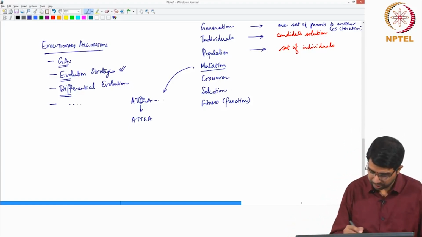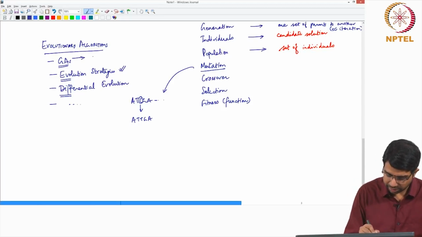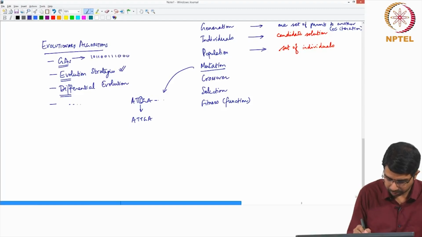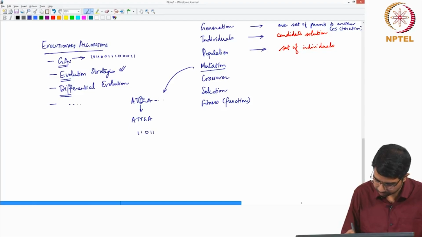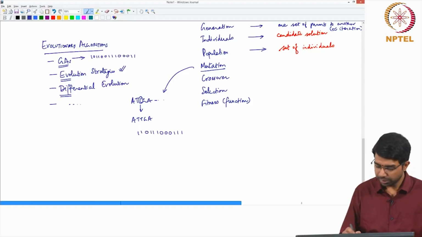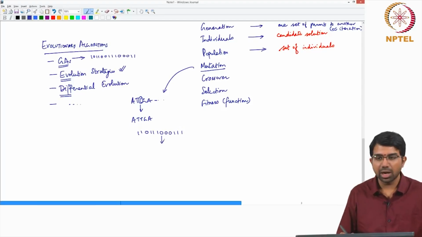Whereas here, for GAs, everything is represented as bit vectors. A bit vector is made of bits, zeros and ones, and you want to mutate it. What you do is you randomly pick a spot to mutate and you flip the bit.